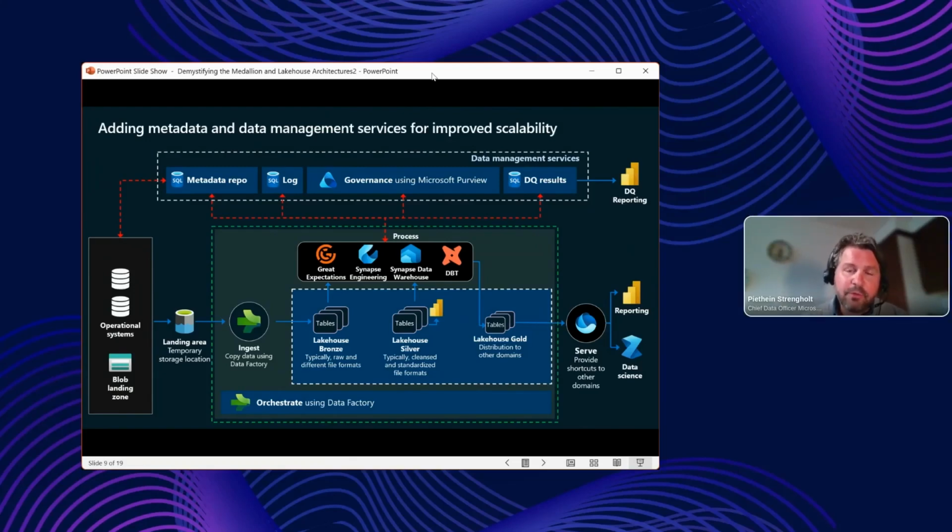But more closer to the right, there you see more business logic is involved also in writing the scripts. So a popular transformation framework is, for instance, dbt, and I see that also being used a lot among the customers I work with. So the architecture in itself starts to grow with more components.